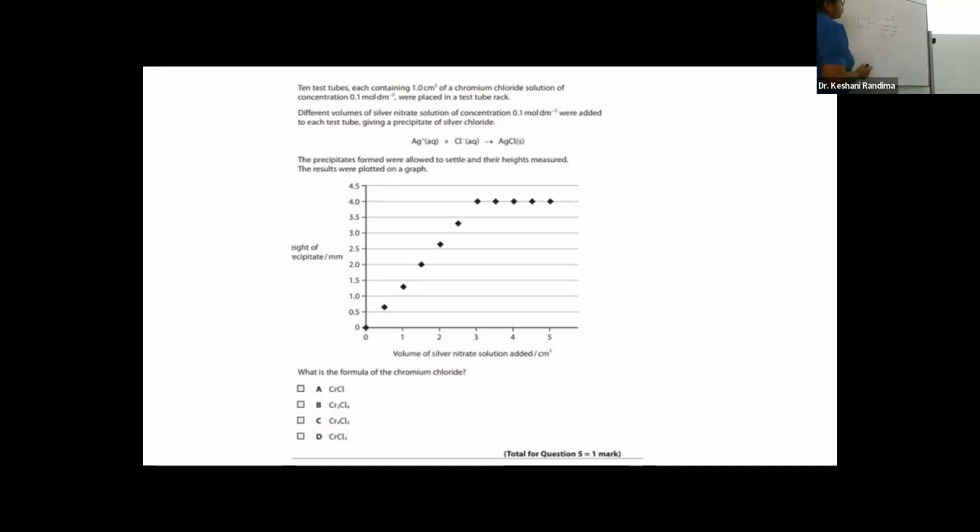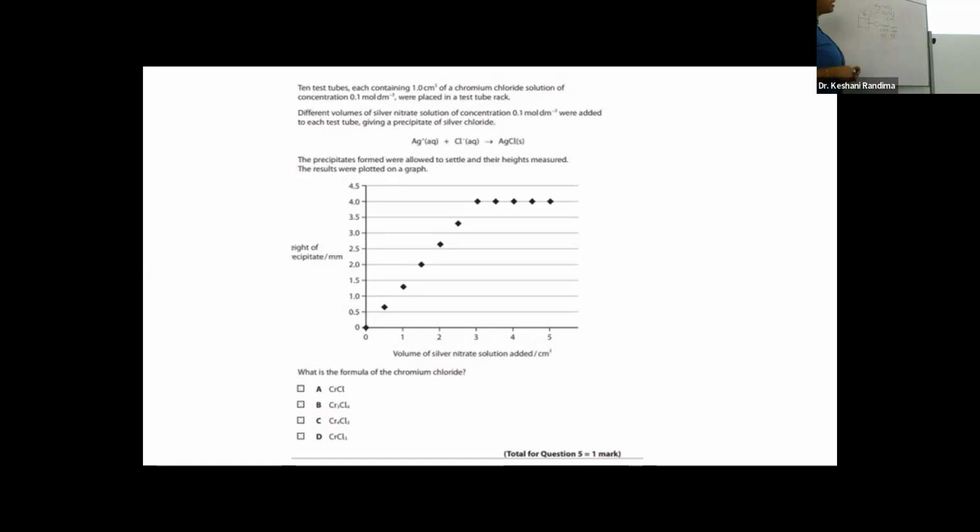So we are having different volumes of silver nitrate, so it can be 1, 2, 3, like this. They have given you the height of the precipitates.